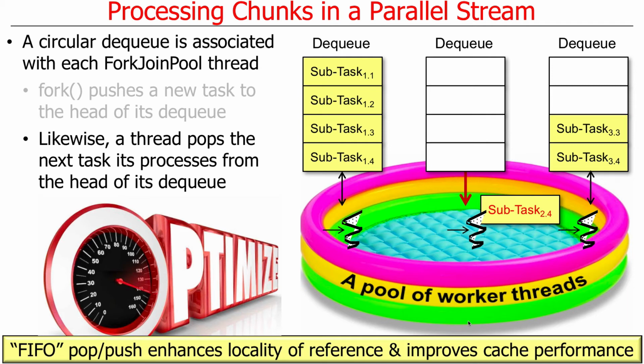If you're a thread and you push something onto your data structure, and then you turn around and pull it off again, it's probably still in your cache, because it was just in your cache to begin with. You stick it into the deck, now you take it back out, and it's probably still there. That enhances cache performance and locality of reference, so that typically makes it faster. There's less synchronization overhead and other overhead that comes from moving things around between caches.